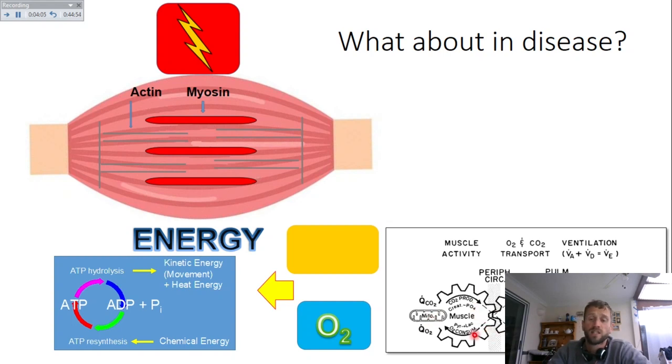And you can have vascular disease as well, which limits your ability to deliver blood through the vascular system where it needs to go. So the limitation in someone with, say, peripheral vascular disease might occur around here. So in disease, the rules sort of change. In health, it's largely due to your cardiovascular system, but in disease, it can be anywhere within that pathway, depending on the nature of the disease itself.